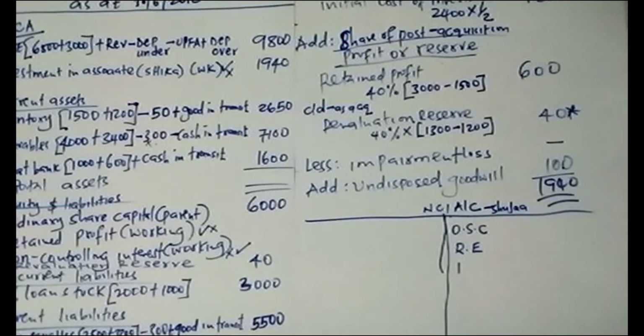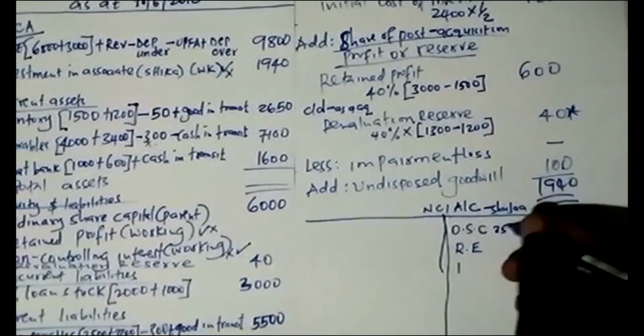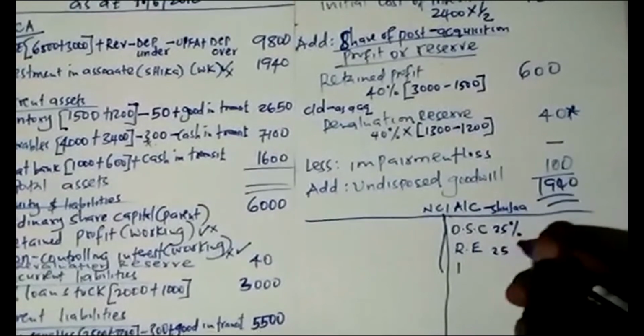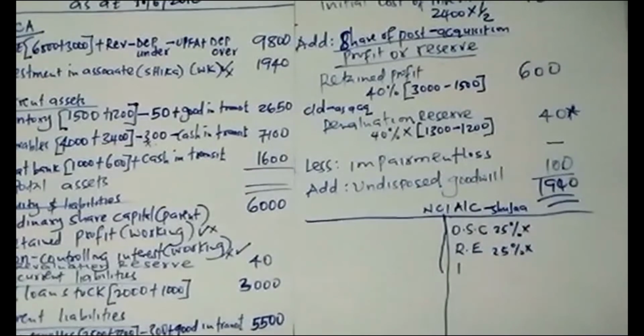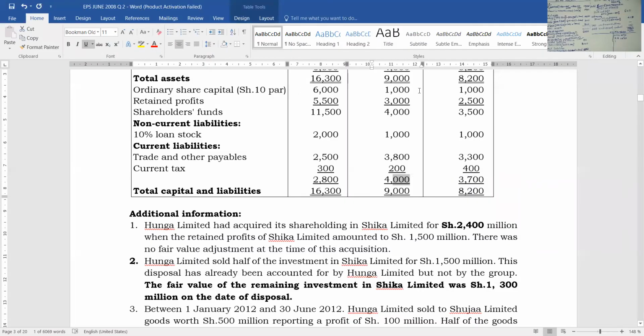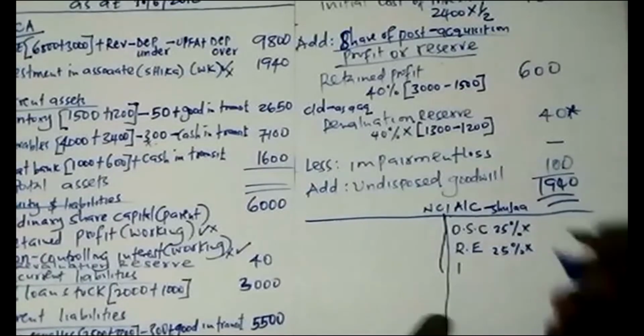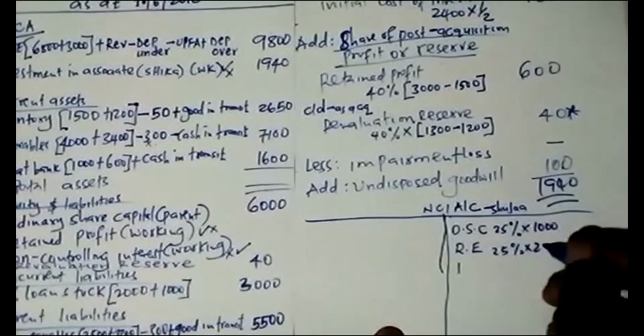So you have to consider the 25% of those items from the statement of financial position. So the two, ordinary share capital and retained profit, the 1,000 and the 2,500.